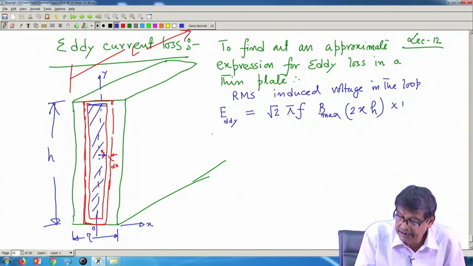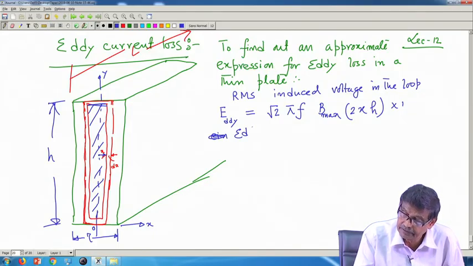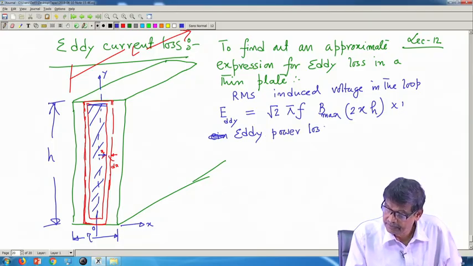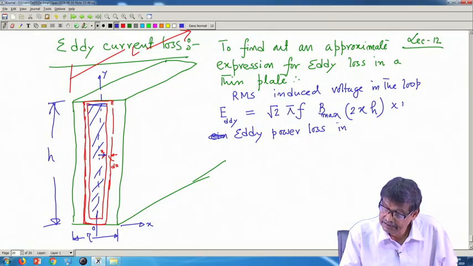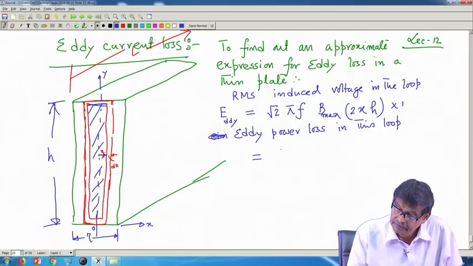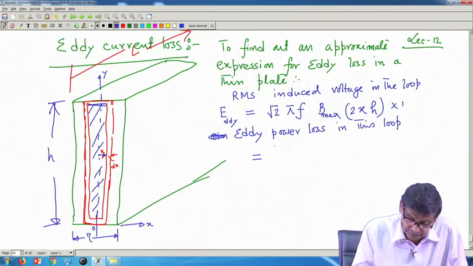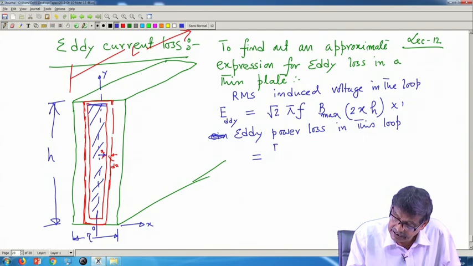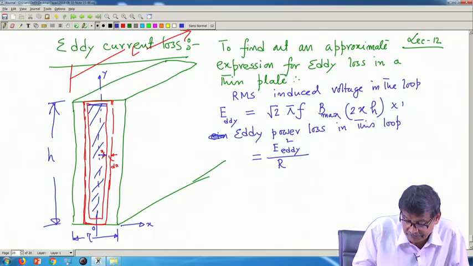Therefore, eddy power loss in this loop will be equal to, if you neglect reactance of this loop, only resistance, single turn, E Eddy square divided by resistance of this path.